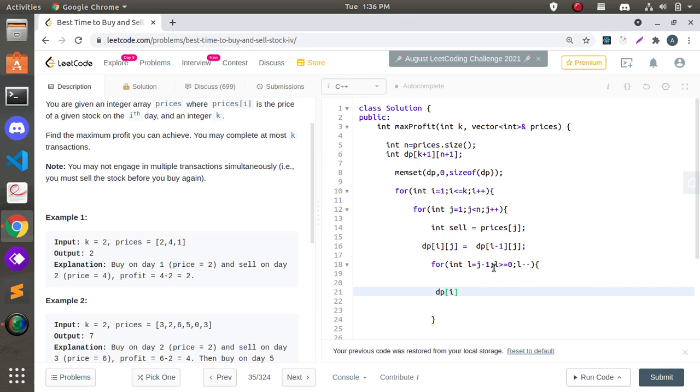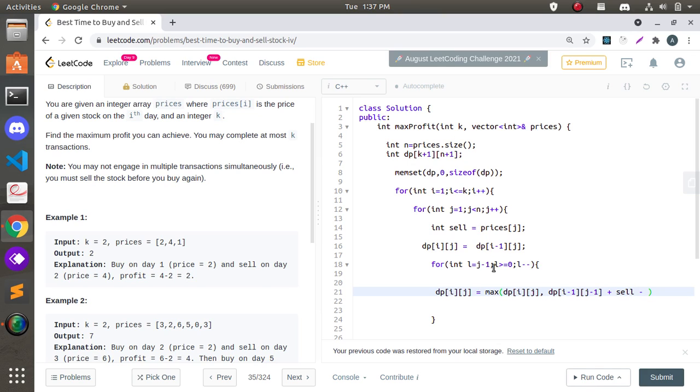So I can just take the maximum of that value, or if not, then you take the j minus 1, similarly the i minus 1 transaction, before the l place. You have to sell at that price, and also you have to subtract.